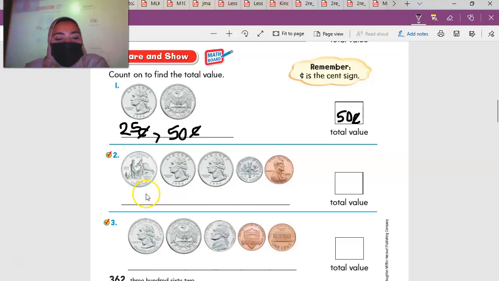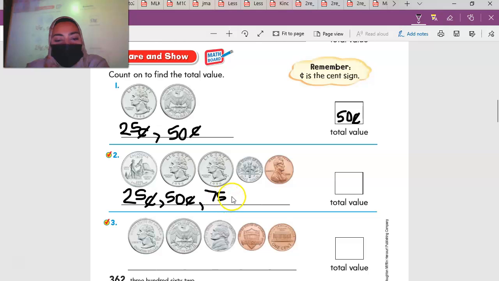Here we have 3 quarters, and 3 quarters is how much? 75 cents. So the first one is 25 cents, comma what? Comma 50 cents, comma what? 75 cents.